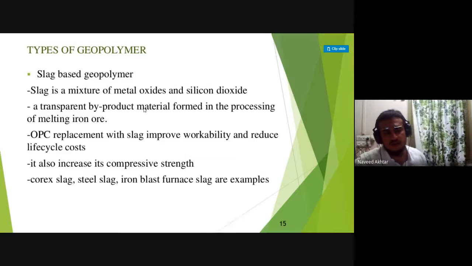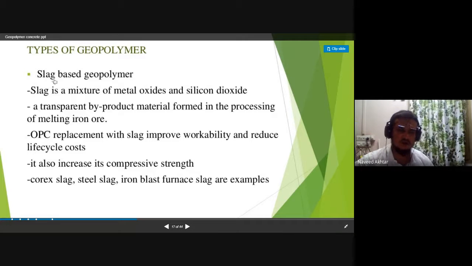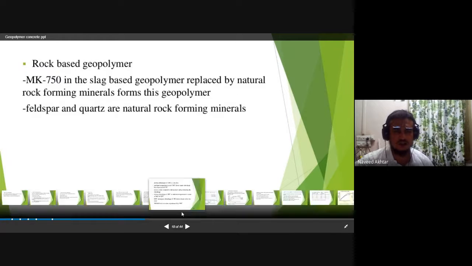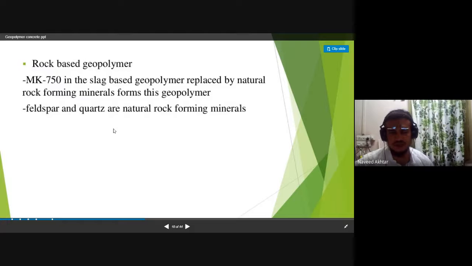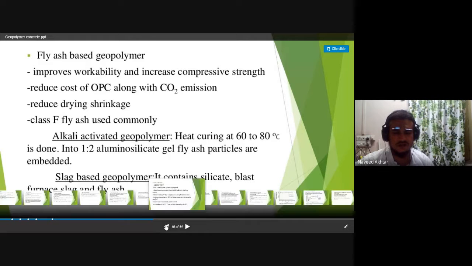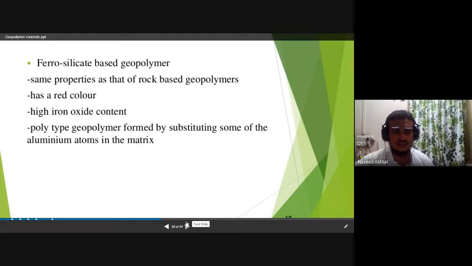Many types of geopolymer you can produce, such as slag-based geopolymer and rock-based geopolymer, but there should be silica present in large quantity. Fly ash-based geopolymers are mostly used nowadays. Fly ash is very easily available in the market because of the large thermal power plants in India.